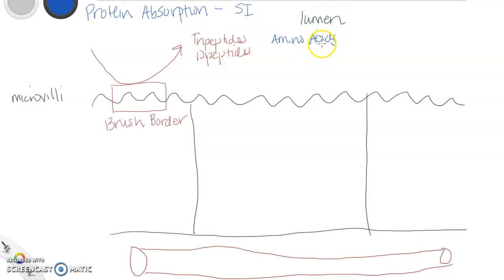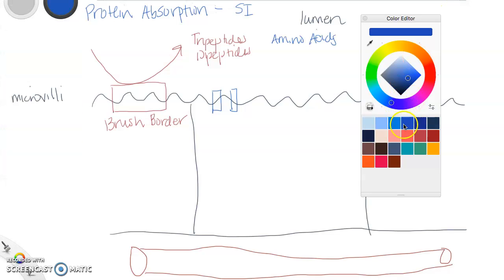So the amino acids go into the cell a lot like glucose and galactose. So there is a transporter on the membrane and it will allow sodium in.